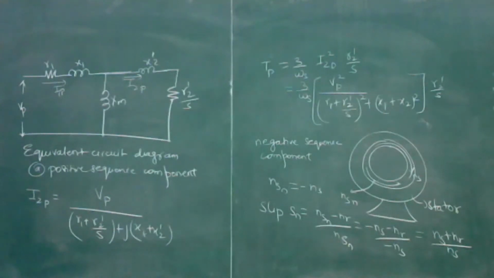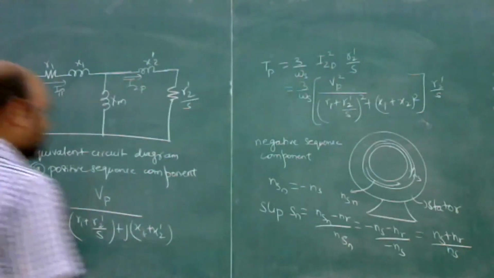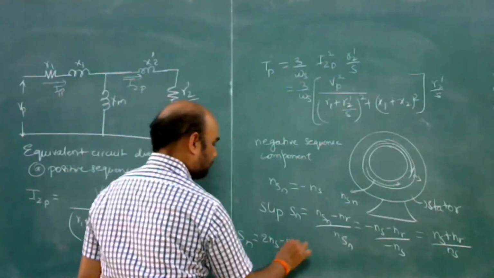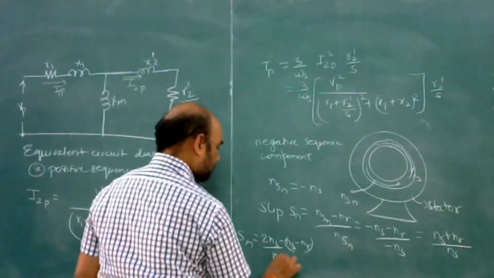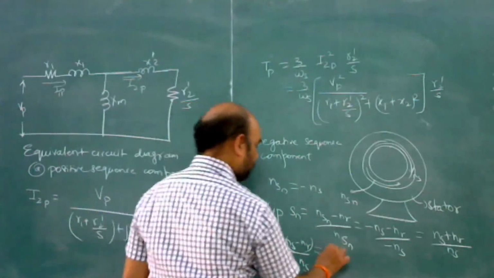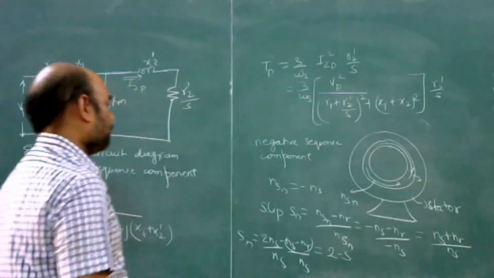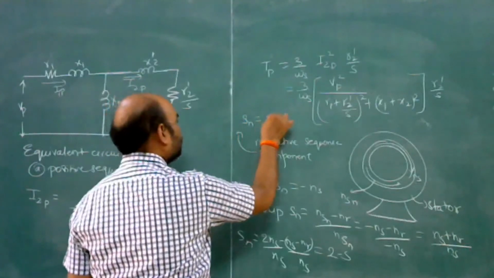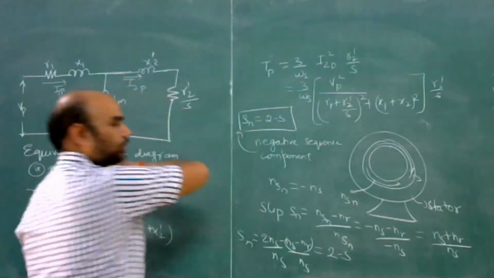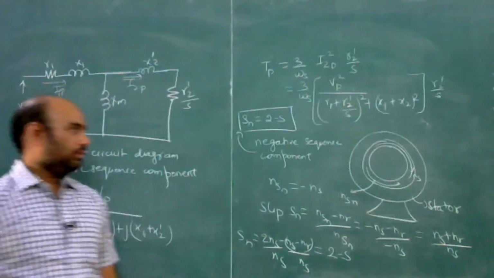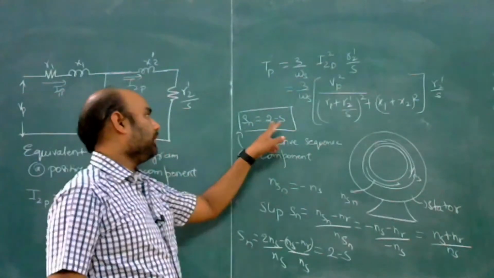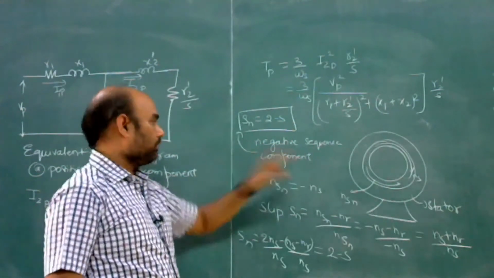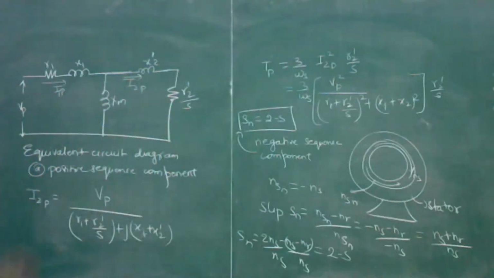So the slip SN can be written as 2NS minus NS minus NR divided by NS. So this will be equal to 2 minus S. Okay. So slip due to the negative sequence component is equal to 2 minus S. Okay. So slip will change. So for the negative sequence component, the rotor slip will be equal to 2 minus S.